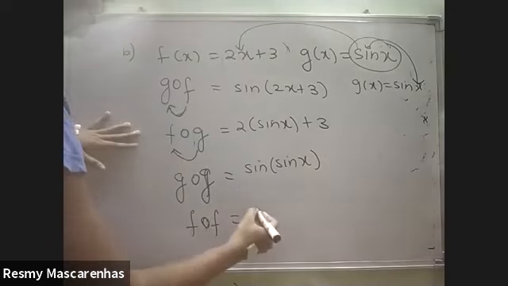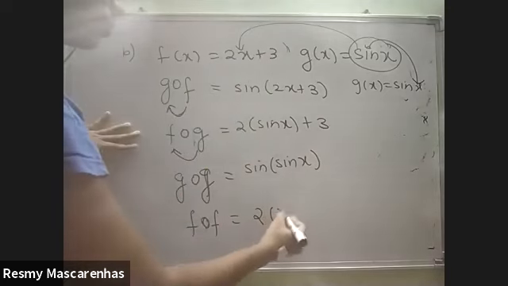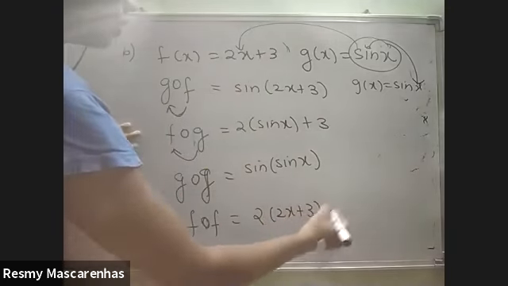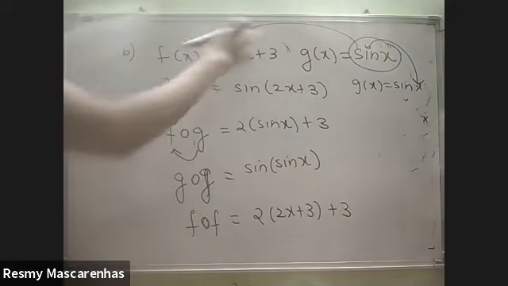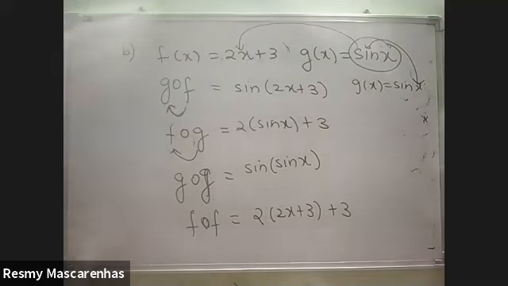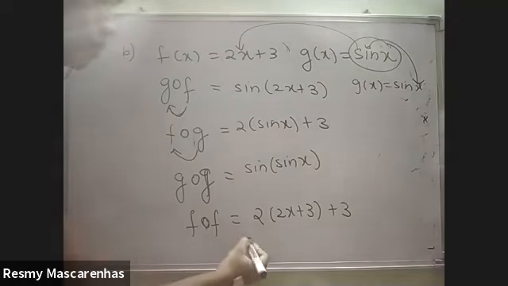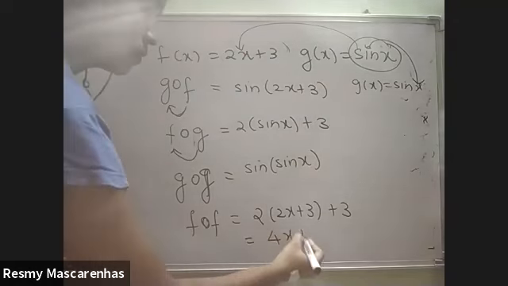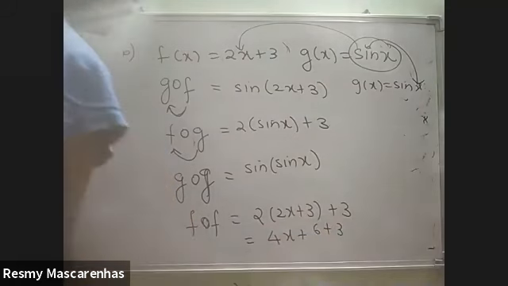So instead of x, what will come? The whole function itself. So it will come like this. This full function f, you have to substitute in f only. So wherever there is x, the whole thing will come. So 4x plus 9.